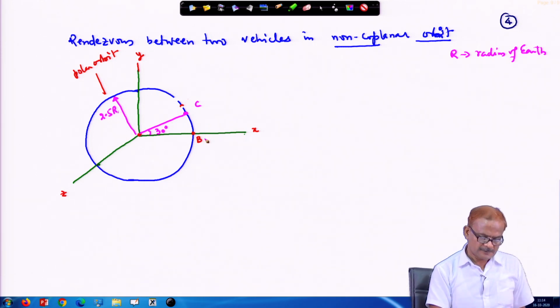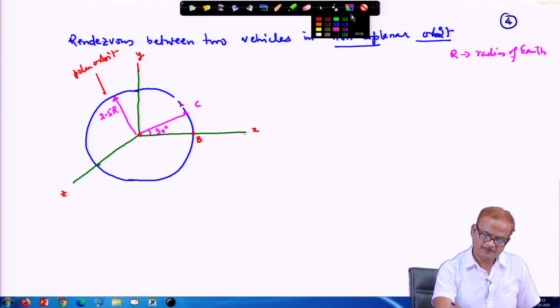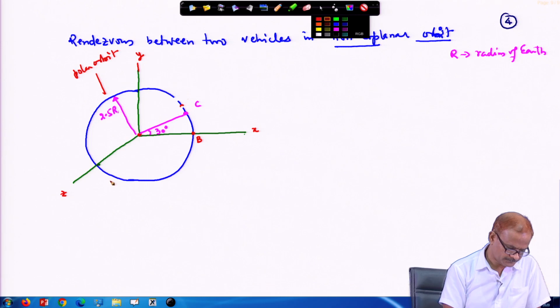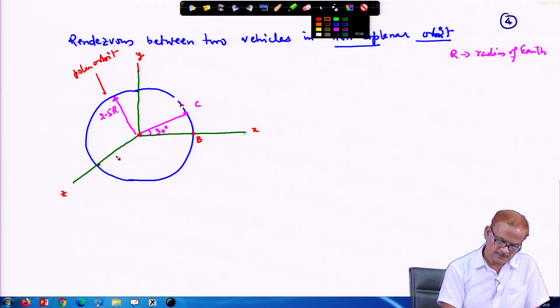So, the problem states like this. Let us consider another orbit whose perigee lies on the z axis at a distance 1.5 r.